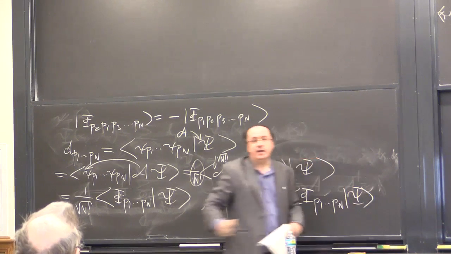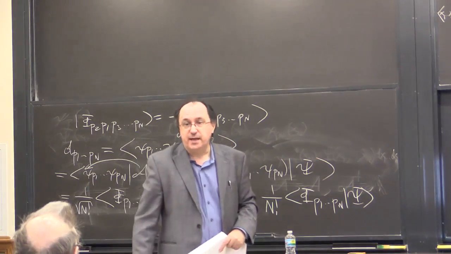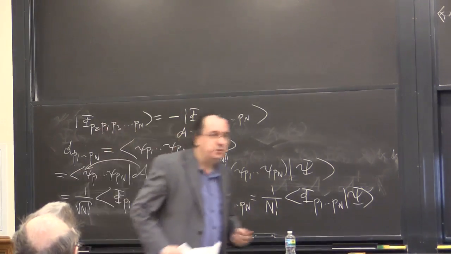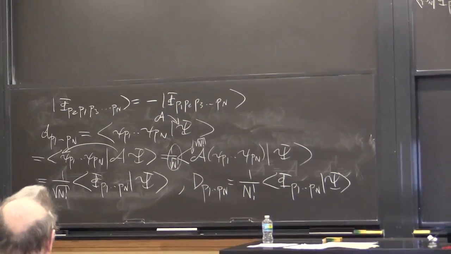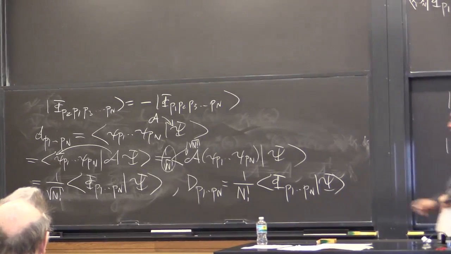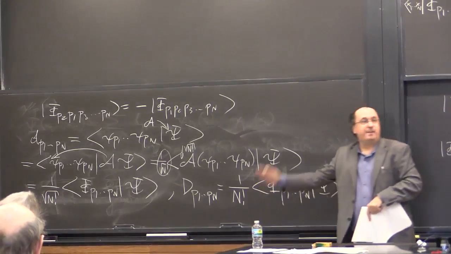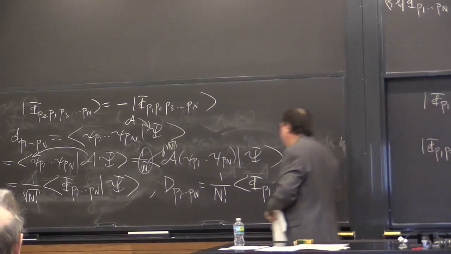Sometimes you'll hear me saying an overlap of two functions. In chemistry, quite often we say that. So, depending on the mood, I will use scalar product, inner product, or overlap. So, what you see here is an overlap of our wave function with a Slater determinant. Okay? That will be the language of chemists who talk about overlaps very often.